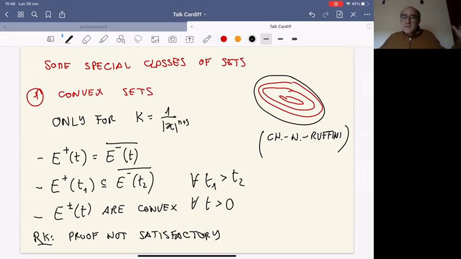So the PDE preserves convexity. That would be one way, but we were not able to do this. Another way would be to look at the minimizing movement scheme, which I mentioned a moment before, and show that if I have a convex set, the minimizer at one step preserves convexity. We were not able to do this either.